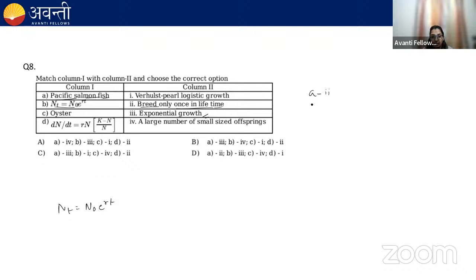A, second. P3. Oyster, a large number of small sized offspring. Fourth. And D, this is a logistic. D shows the logistic growth. So D1.